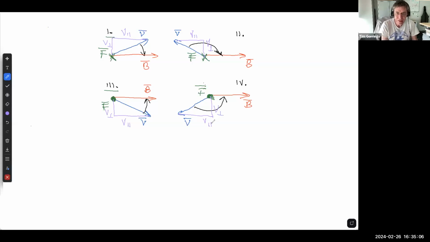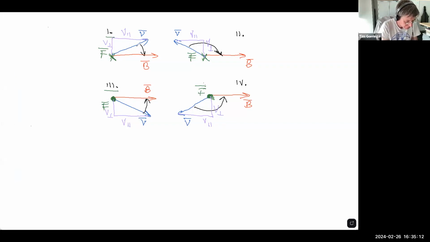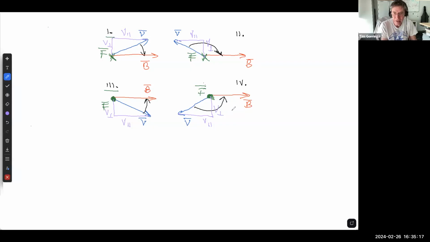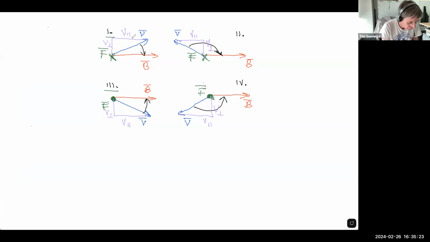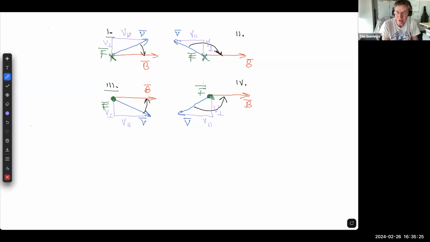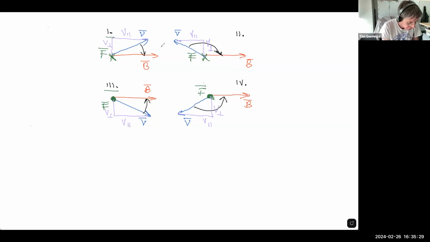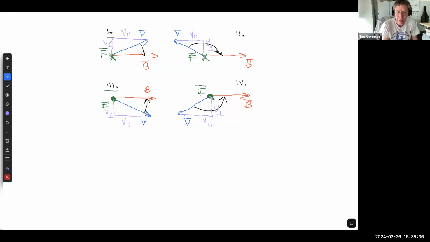Now, to help us understand this a little bit more, I've decomposed the velocity vectors, the blue velocity vectors, into 2 components. I've labeled these V subscript parallel, meaning the parallel component, and V subscript perpendicular, meaning the perpendicular component of the velocity.